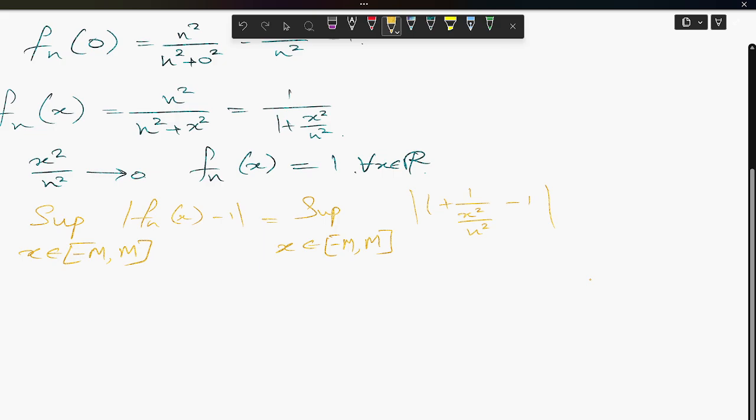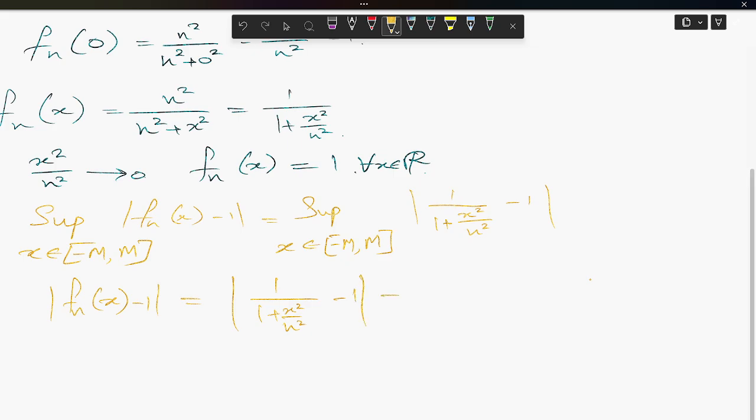Now rewriting it in another form, we would get mod of f_n(x) minus 1 equals x square by n square upon 1 plus x square by n square.